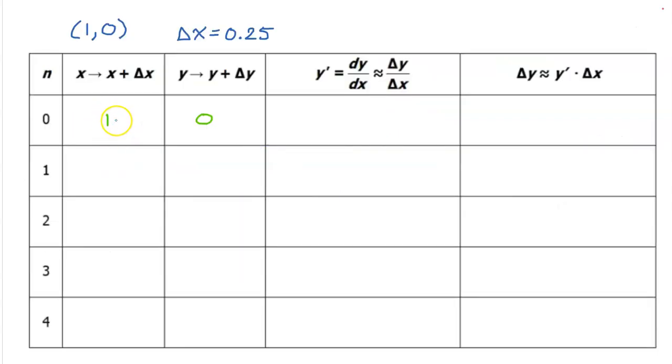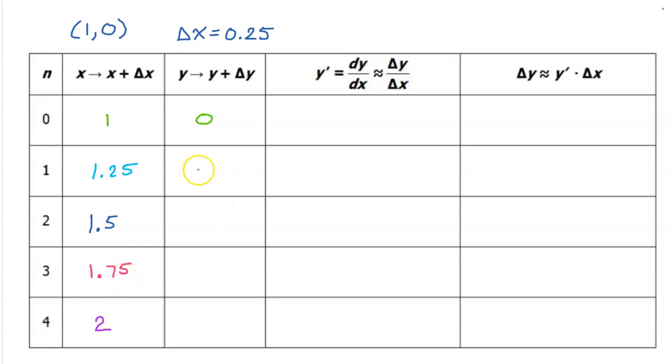Given the initial x value and the step size of 0.25, we can find all the x values. We just have to add 0.25 each time. So the next x value will be 1.25. After that, we get 1.5, 1.75, and 2.